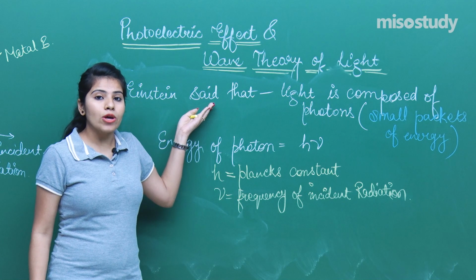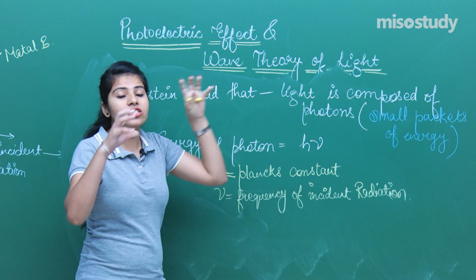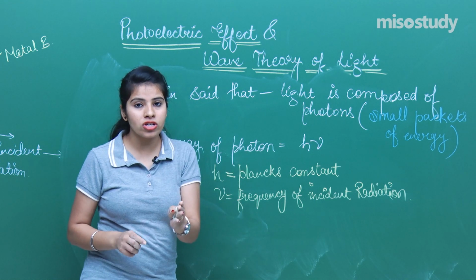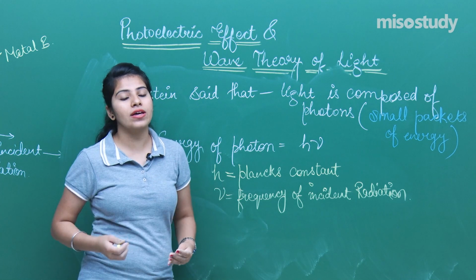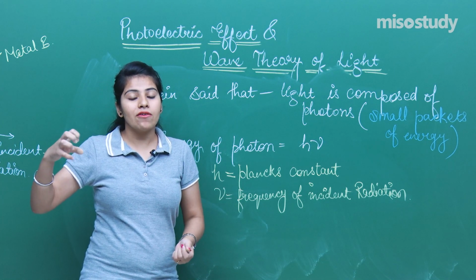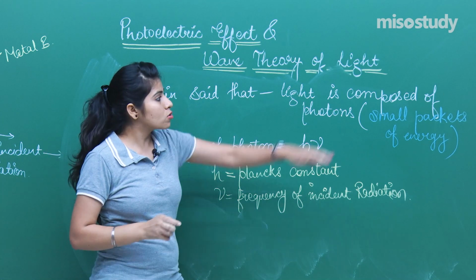Now I should tell you one more thing over here, and that is that the energy with which light is falling upon the surface of metal, half of the energy, or you can say one part of the energy, is being used up in emitting the electron from the metallic surface. So go back to the figure.